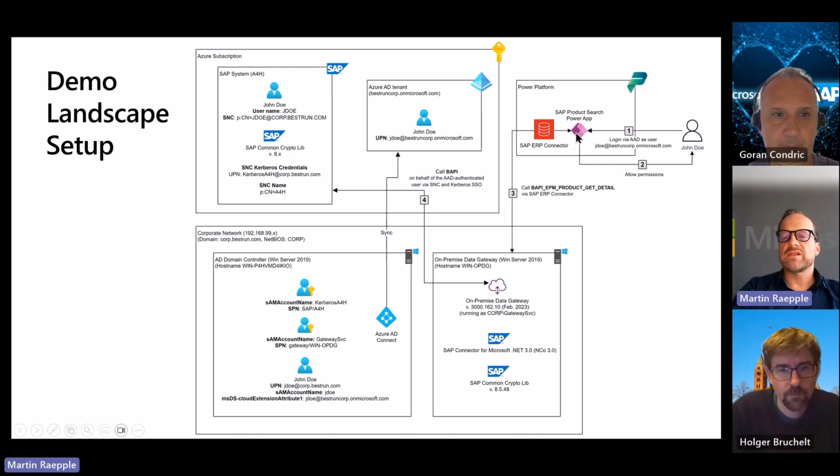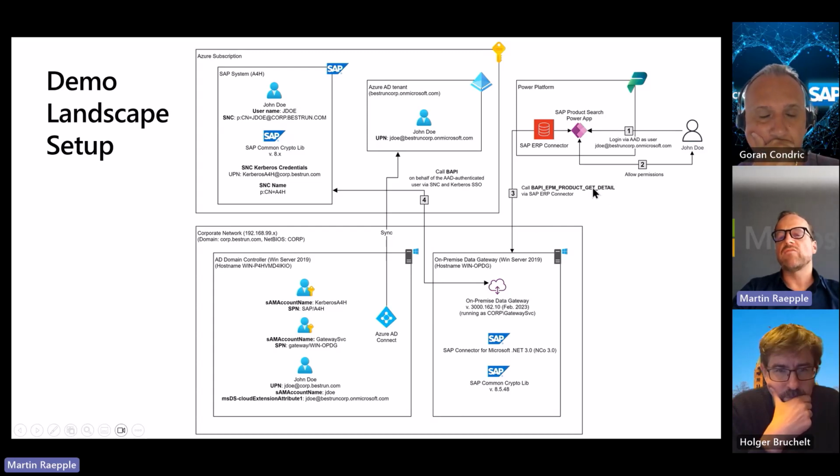And then this Power App uses the SAP ERP Connector, which is incorporated into a Power Automate flow, to call the on-premises data gateway and make use of the new features in the ERP connector and the on-premises data gateway to call a BAPI, which searches in a sample product catalog from the EPM model in the backend system for a specific product ID, and will return the price of that product from the product catalog all the way back to the Power App.